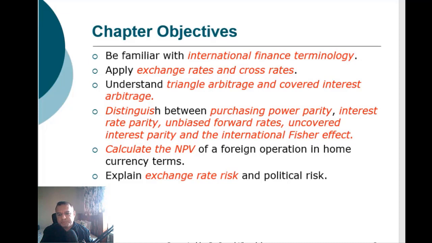We'll also distinguish between the purchasing power parity, interest rate parity, unbiased forward rate, uncovered interest rate parity, and some other effects. We'll also look at the NPV calculation for the foreign operation in home country and foreign country approach, and I will also explain the exchange rate risk and other political risk. So let's go to the lecture.